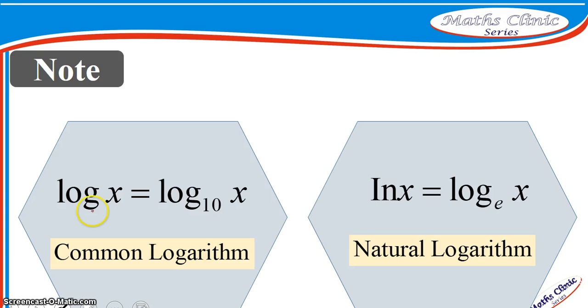If I have log x, it simply means log base 10 of x, and that is a common logarithm. Now ln x is equal to log base e of x. This one is called the natural logarithm. If you see this on a calculator, it simply means natural logarithm, and normally we pronounce it ln x. That is more of relative math, so we leave it for those doing advanced mathematics.